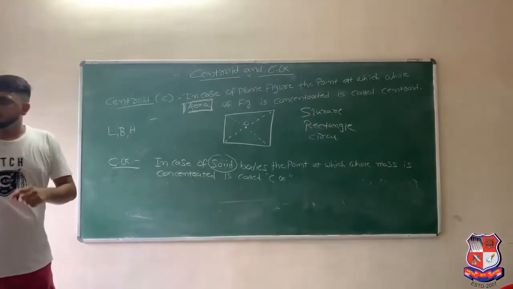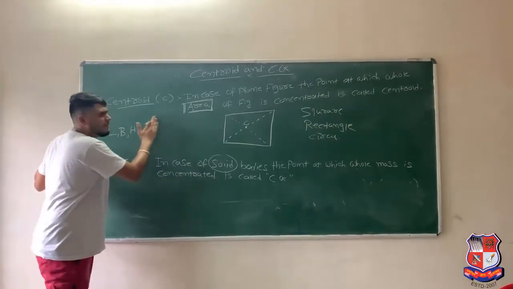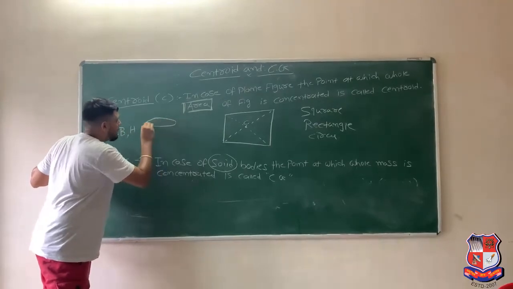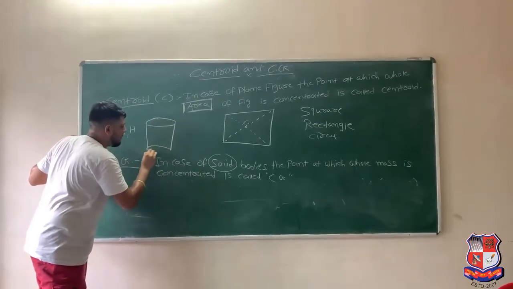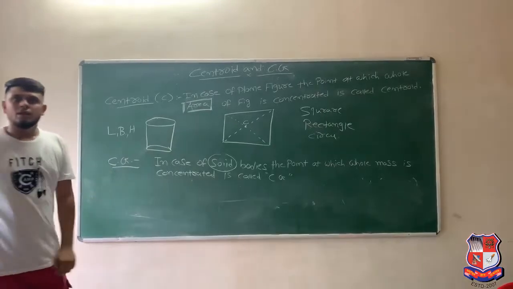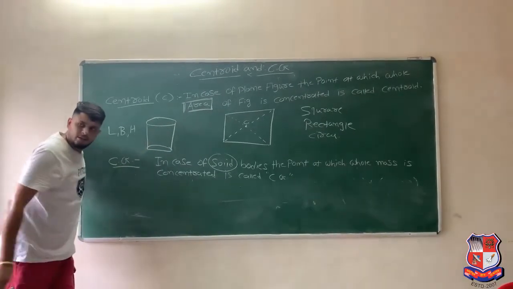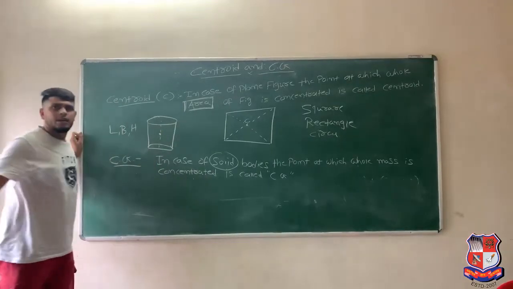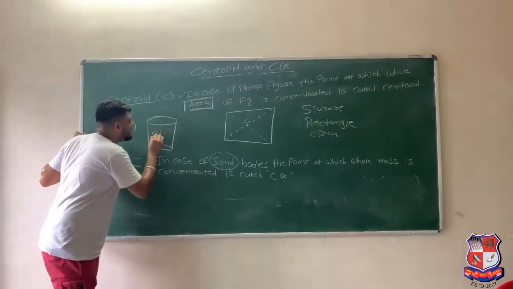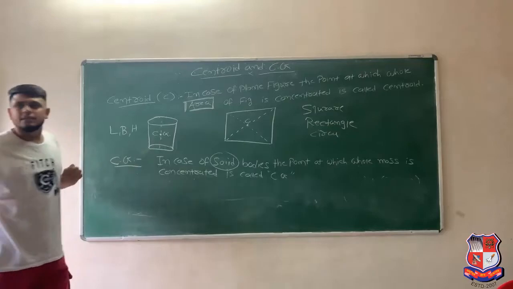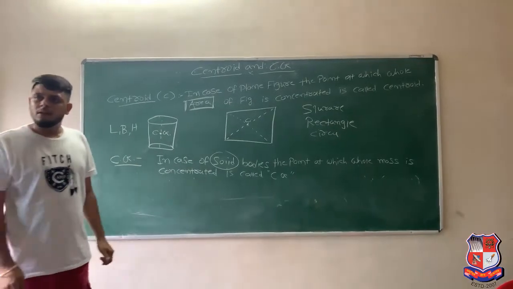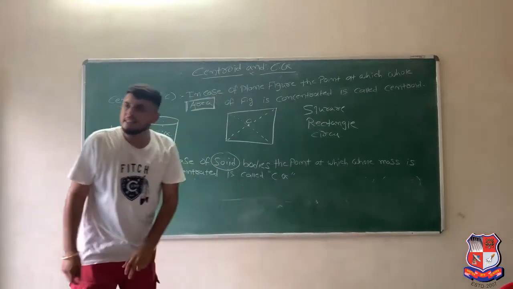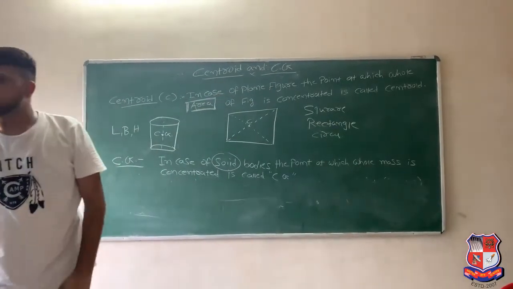Let me explain with one example. Next, we take one cylinder. So, it's 3 dimensional and the point at which its whole mass is to be concentrated is known as CG. Clear? That is the basic difference between centroid and CG, center of gravity.